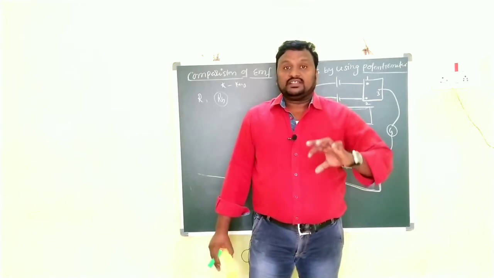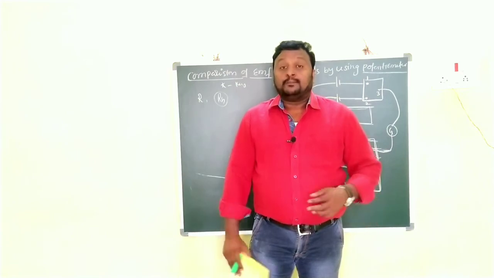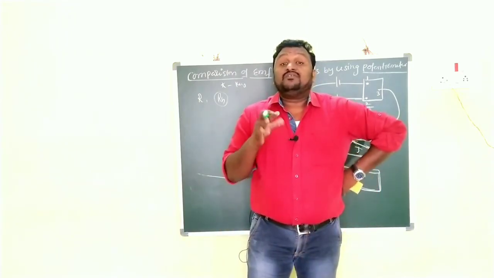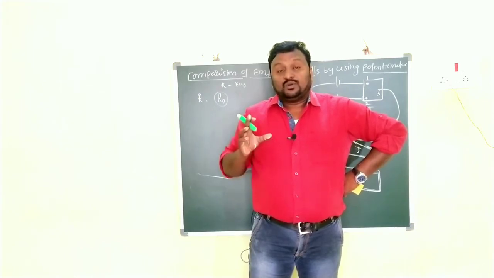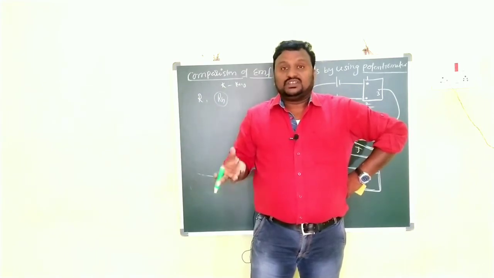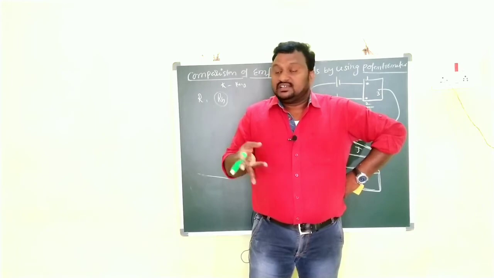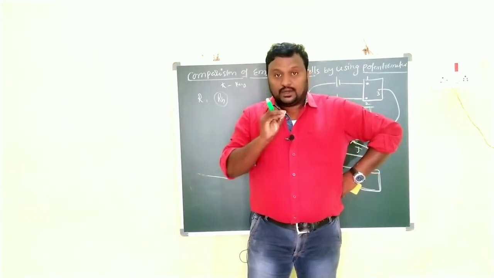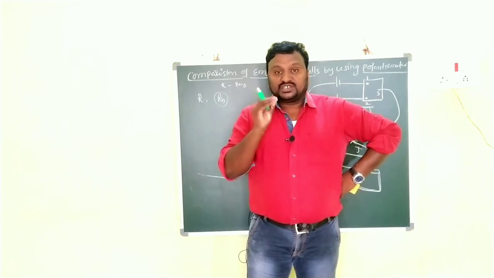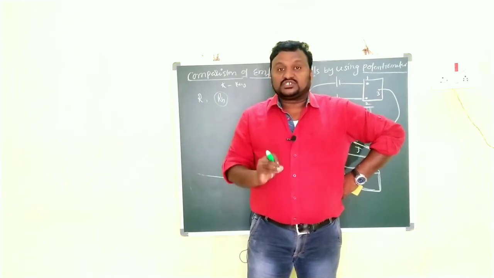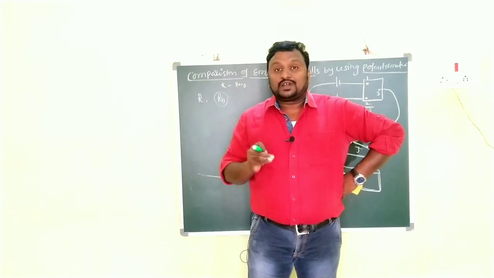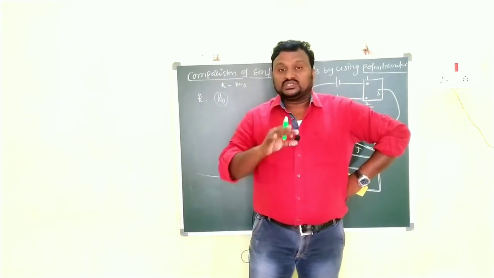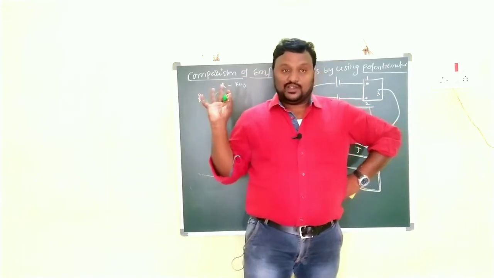But when we use a rheostat, the value of resistance is variable. In our laboratory we have a rheostat also, and I will show that. Remember, a rheostat is a device that varies the amount of current in the circuit by changing the resistance value. A rheostat has a variable resistance value.